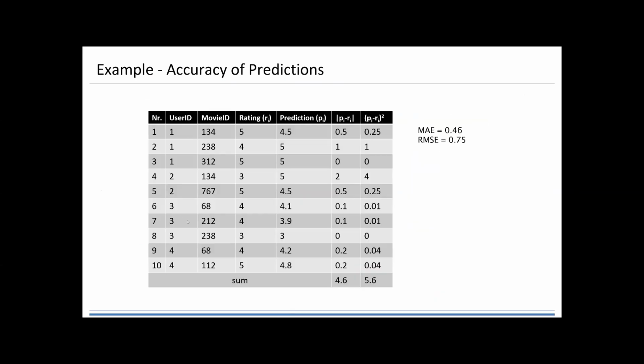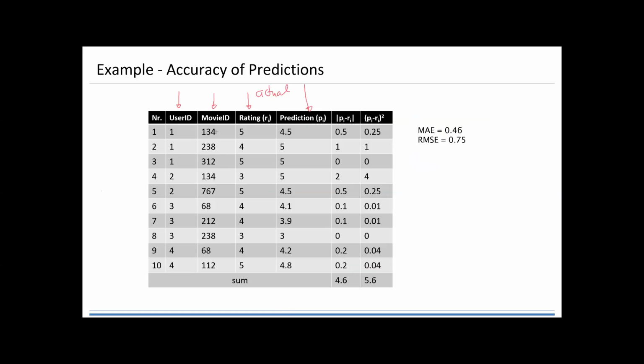So let's see this example. We have the user ID, movie ID, the actual rating, and the prediction.